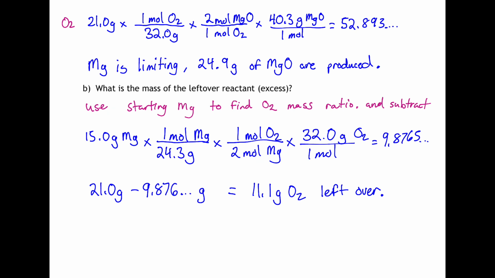So that's how many grams of oxygen are left over. We used up 9.865, and we have 11.1 left over. Rounded to the right number of significant digits for our end of the calculation.